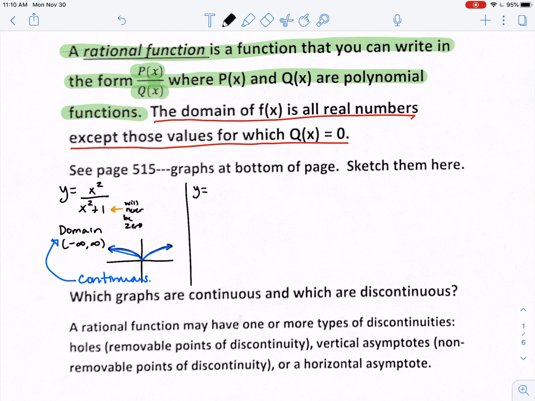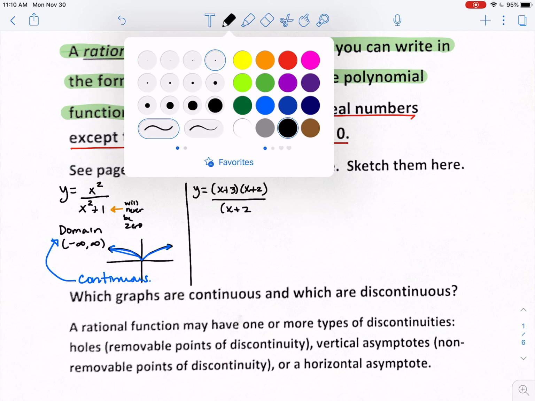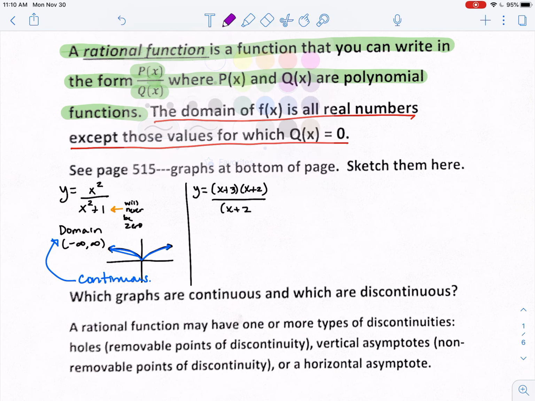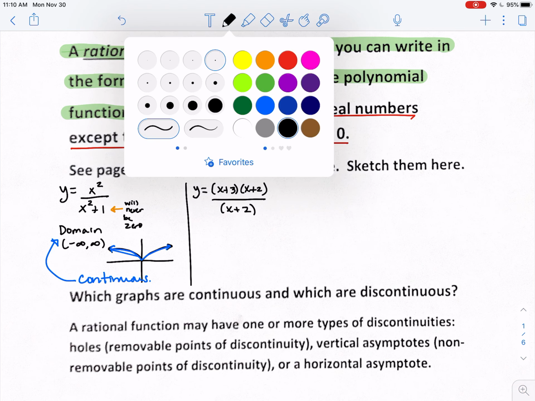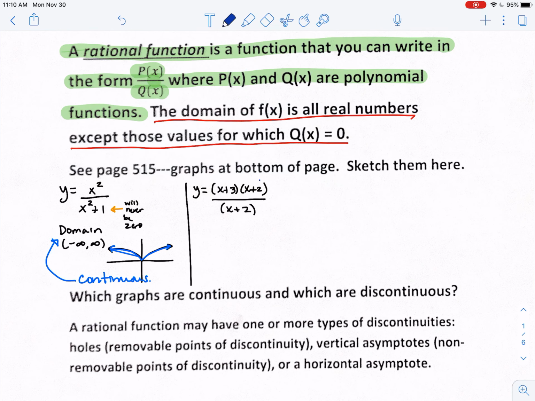Let's say I have y equals the quantity x plus 3 times the quantity x plus 2 over the quantity x plus 2. Okay, here's what I see. I see that this x plus 2 on top and bottom cancels.